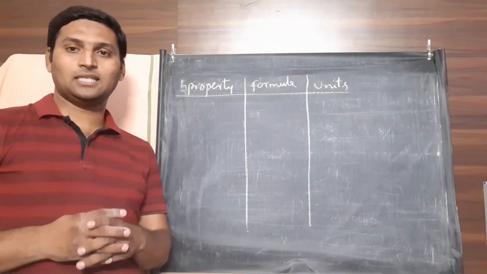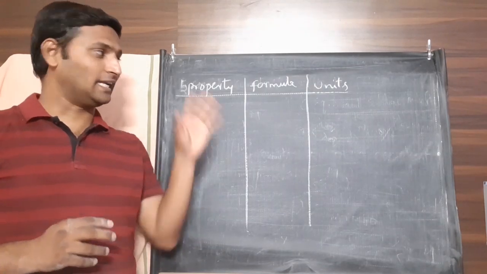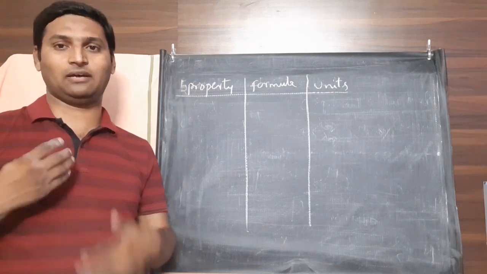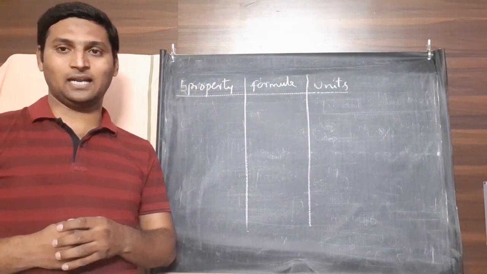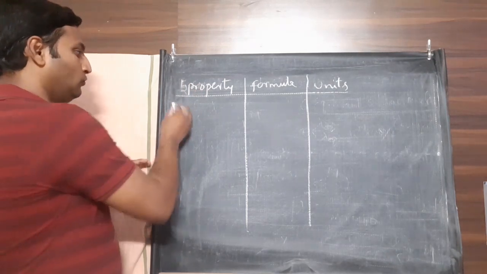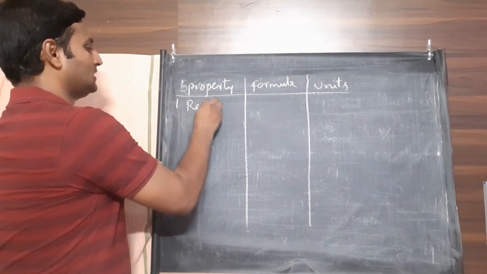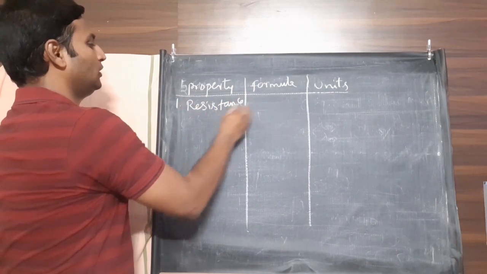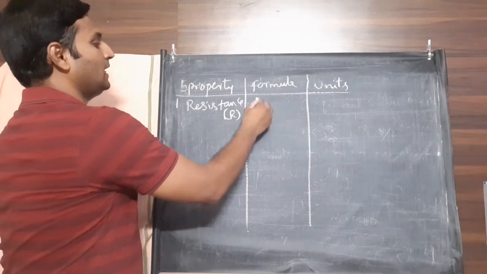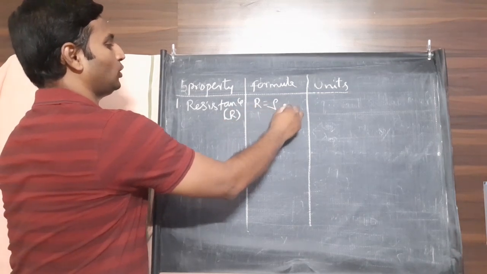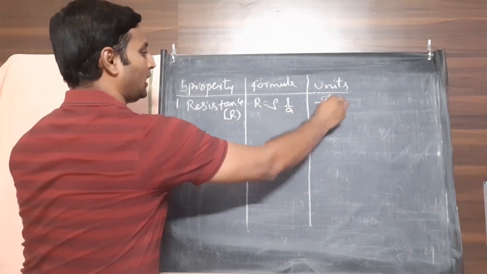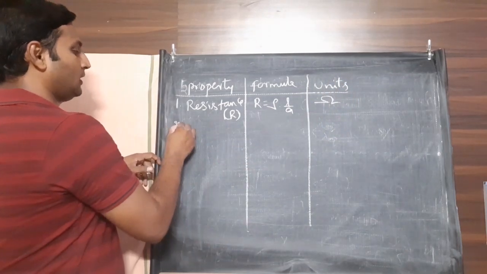So we have learned 6 properties totally. Let us quickly list them out for our easy learning and convenience. First one was resistance, denoted by R. Its formula is R is equal to rho into L by A and units are ohms.